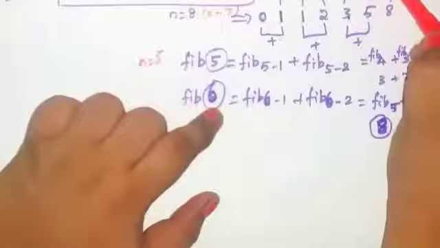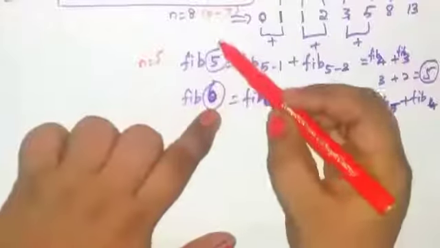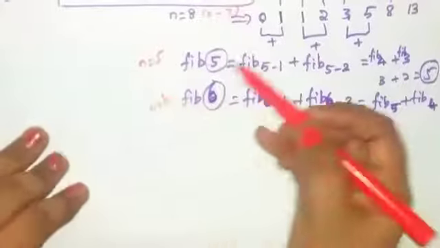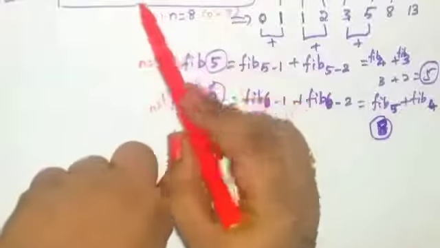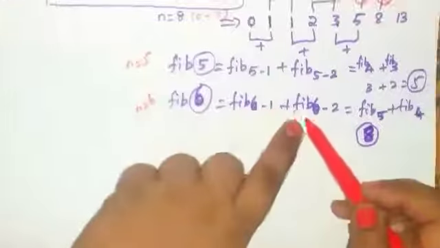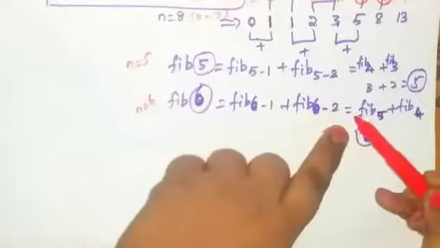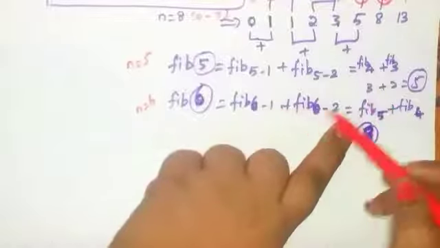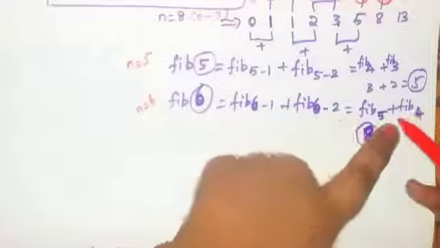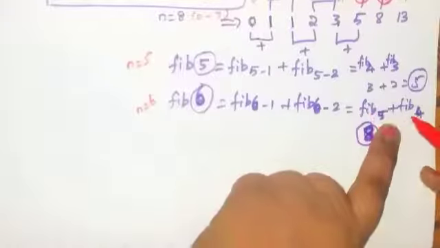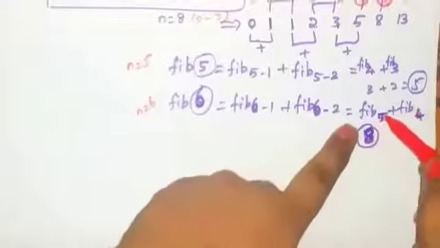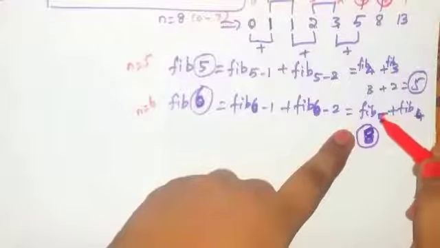Next, if you want to calculate the 6th element, n is equal to 6. Fib 6 equals Fib 6 minus 1 plus Fib 6 minus 2, which means Fib 5 plus Fib 4. Which element is stored in the index position 5?